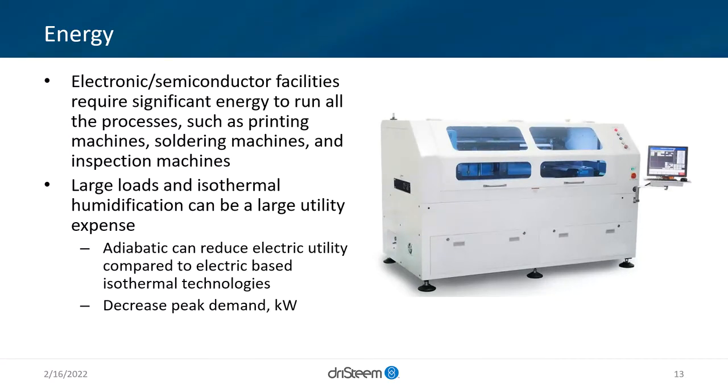So when we look at energy, I previously mentioned that I've seen anywhere from isothermal to adiabatic, and it really depends on what your facility's goals are. I've seen adiabatic combined with isothermal, in the sense of, okay, I want a majority of my load to be taken care of by high pressure atomization, for example, for that recirc air or incoming makeup air.